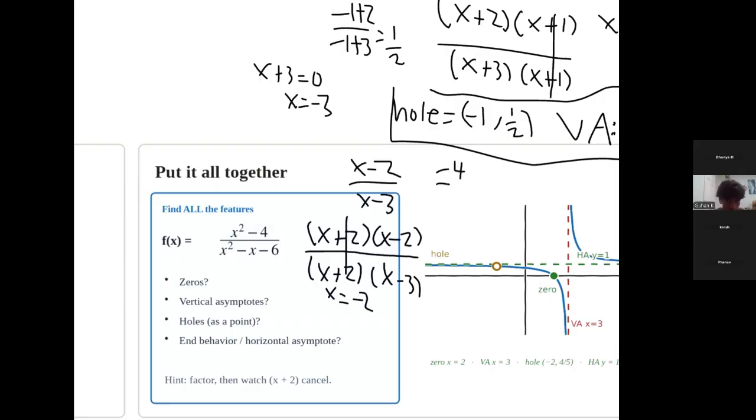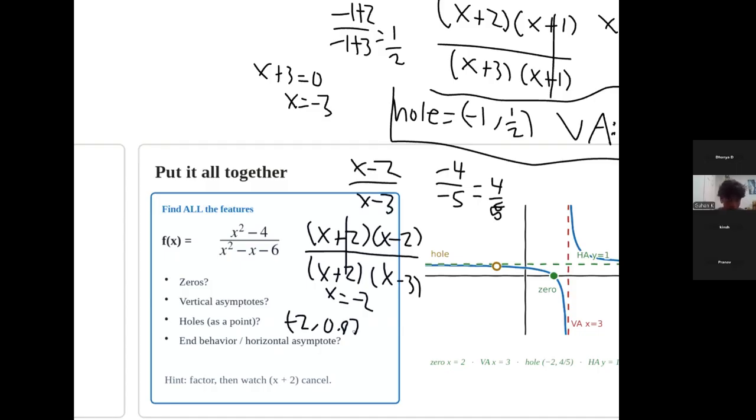And this -4 over -5 is just 4 over 5, which is 0.8. We'll write our hole is going to be at -2, comma, 0.8. And since we've dealt with our hole, now we can just ignore that portion of the equation.